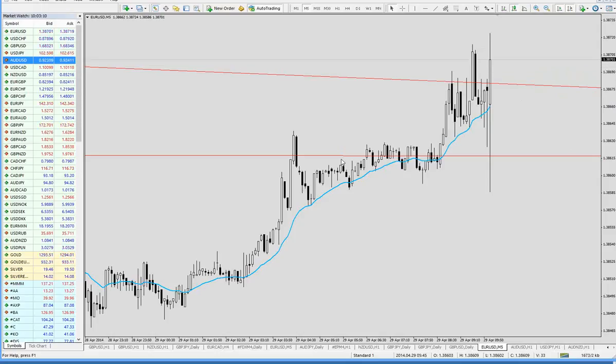So before you decide to go short Aussie, go short euro dollar, go long pound dollar, whatever, please remember that from the macro point of view, it's a busy week. So try to minimize the size of the position, okay? Try to minimize the size of the position, because we can easily hit stops on both sides and go nowhere.